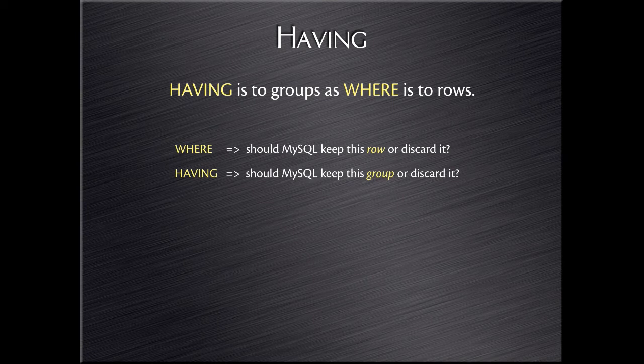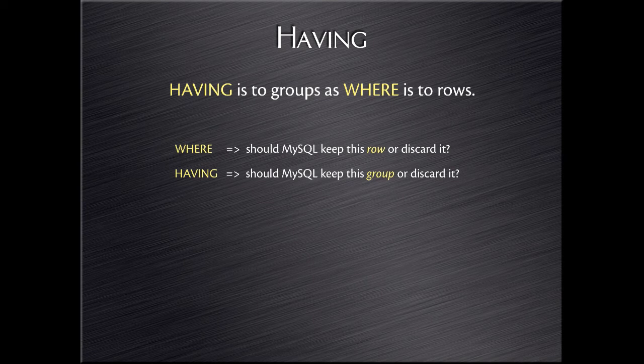If we have a where clause in our query, what MySQL does is it starts at the top of the potential answer and goes down the rows one by one, and it applies the criteria from where to each one of those rows. So MySQL is making a decision: do I keep this row or do I discard this row?